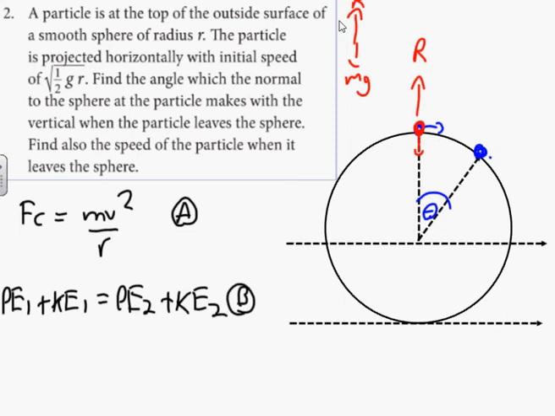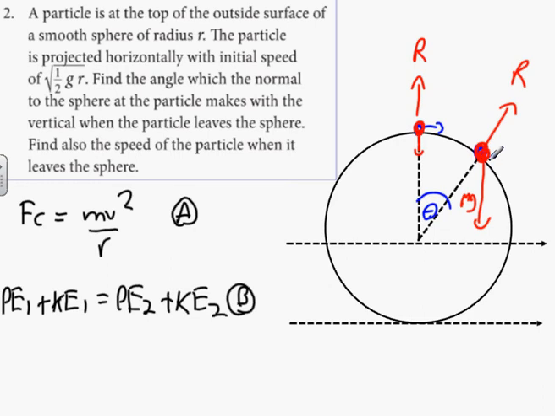Now, what happens as the ball starts coming across here? R is still acting directly out, perpendicular to the surface, along the line of the radius. What about its weight? It's mg, going directly downwards, isn't it?